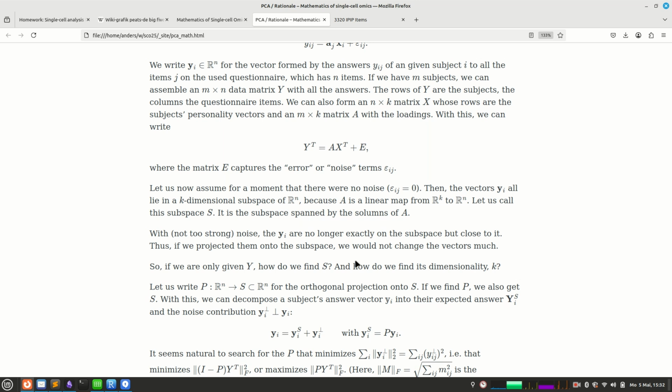An elegant way to write this is to say, if I apply the projection operator not on each column of Y separately, but on all the columns, then of course I get the matrix P times Y transposed, which is made up out of all these columns here. And we want to minimize again the sum over all the matrix elements squared, because that's the sum of the squares of all the column vector lengths.